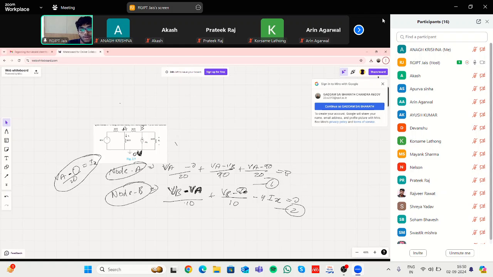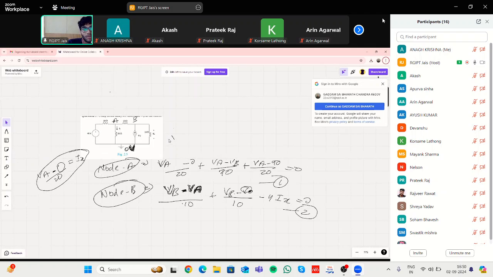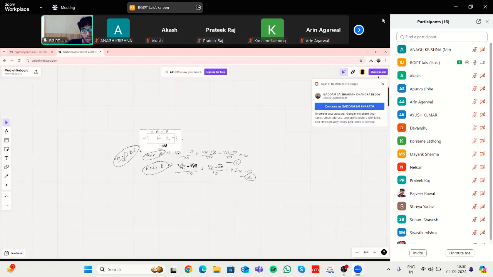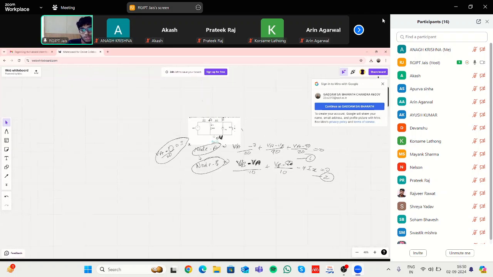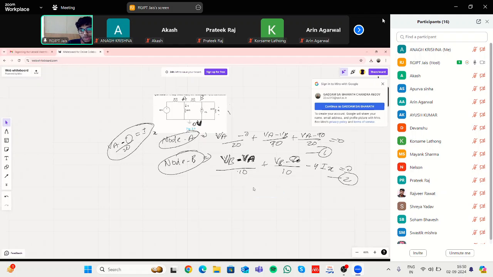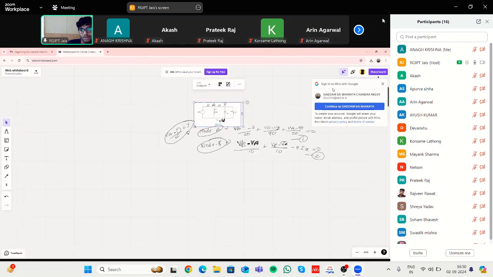This is equation 1 for node A. And for node B, you can take (VB minus VA) by 10 plus (VB minus 0) by 10. And as this current is opposing this flow, so it's minus 4 Ix equals 0. And you have got Ix over here. So you can get the value of Ix from this equation. So see, (VA minus 0) by 20 is equal to Ix. So substitute that value here and solve equations 1 and 2. And it's done.